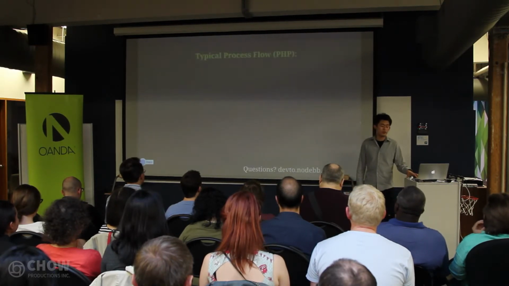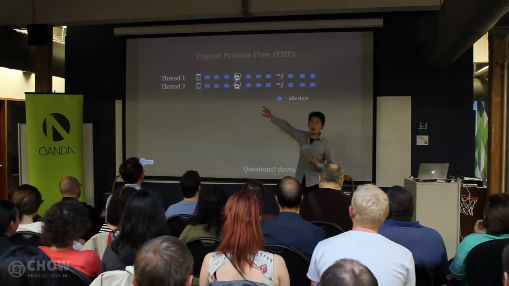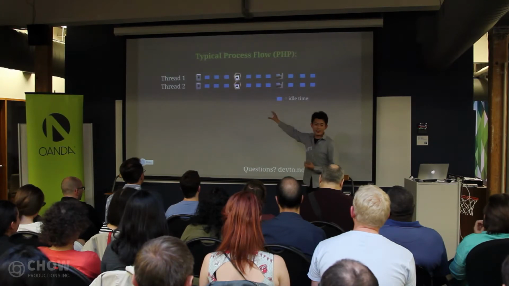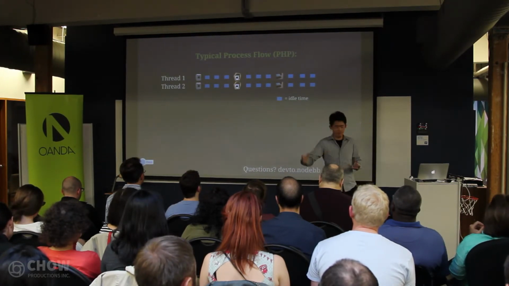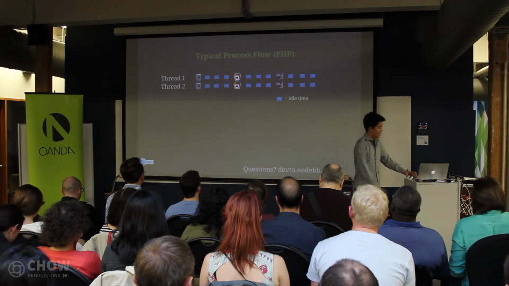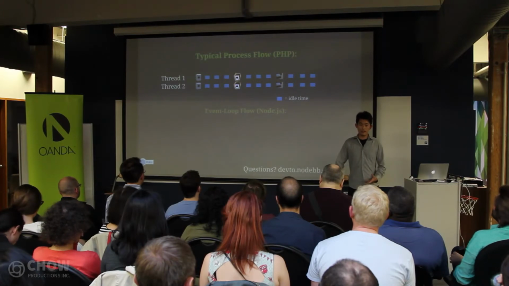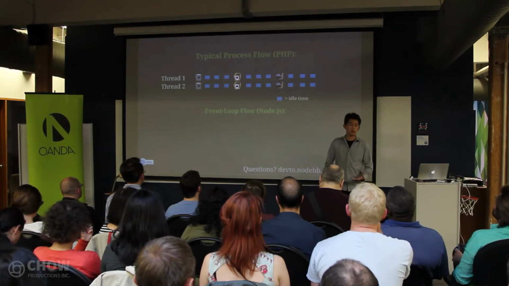So, in typical server architecture with PHP, for example, let's say we have 2 threads. We would start the washing machine, and then we'd idle for a bit, and then we would dry some clothes, and then we'd idle for a bit, and then we would fold the clothes, and then we'd idle for a bit. In Node, instead of idling, you go ahead and do something else, because the finishing of washing clothes is inside of the callback.